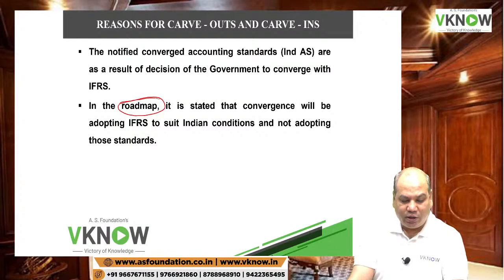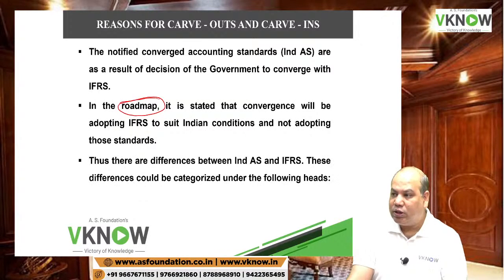So they have made it clear that we in India are not going to adopt IFRS. We are going to converge to IFRS, making some changes to meet the Indian economic requirement. So these are the differences between Ind AS and IFRS. That is why some differences will arise.